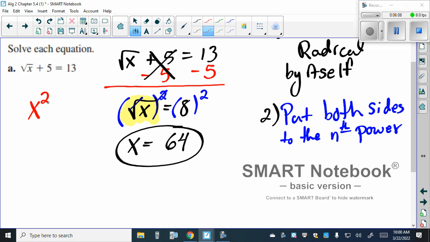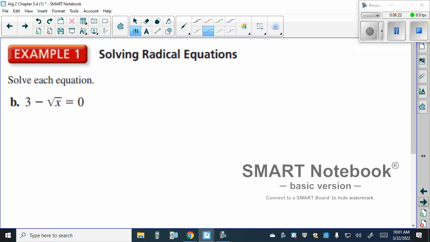That's the difference between these here. That's why we don't need the plus or minus. Because we're starting out with the square root of x, not x squared. Does that make sense? Because we're using a different property. We're using it the other way around. But that's it. That's all we have to do for this here.